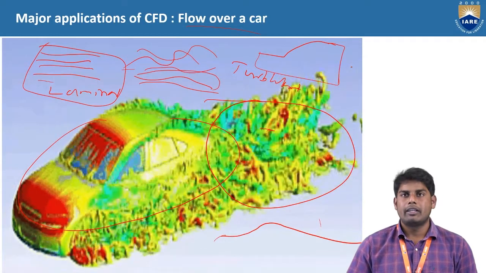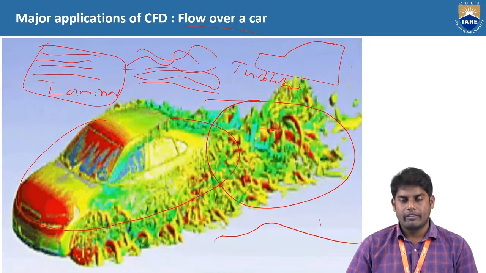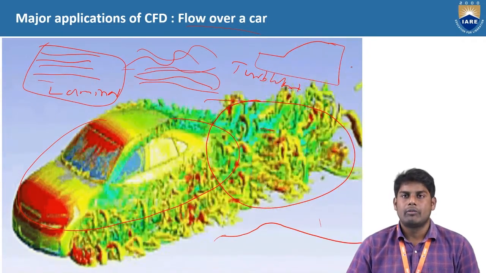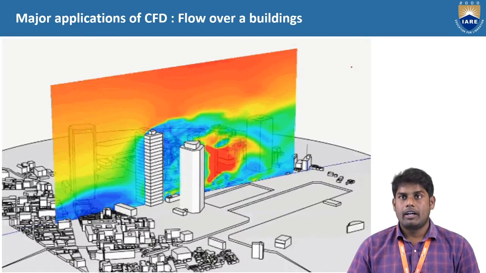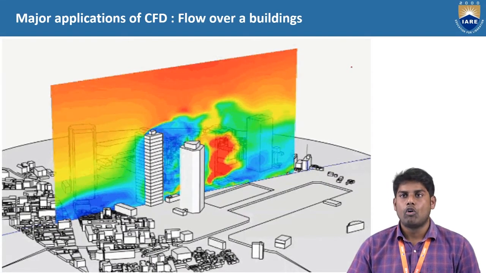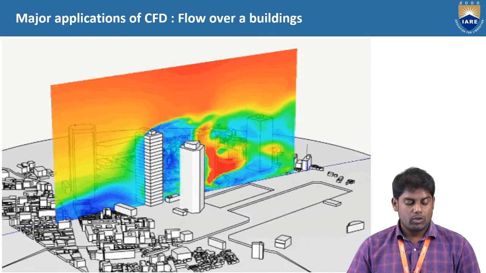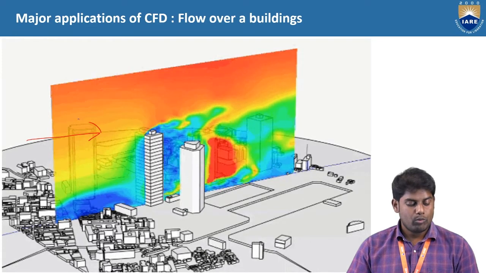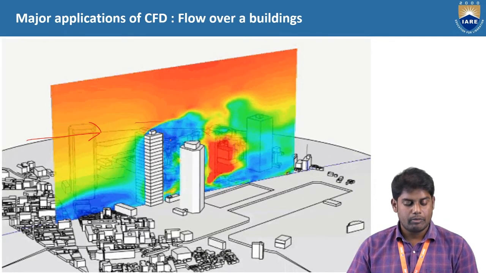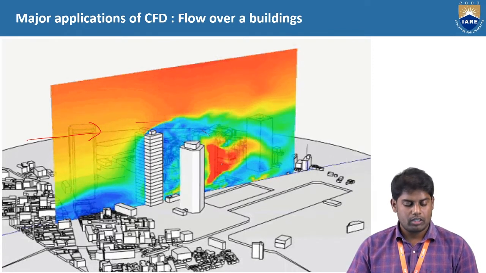So CFD plays a major role in various branches. Previously we have seen the aircraft industry. Now you can see the automobile industry, which is cars, and here you can see the civil industry, where you can see the flow over buildings. Here the flow is simulated: air is moving from this region and passing over these buildings with a certain velocity.